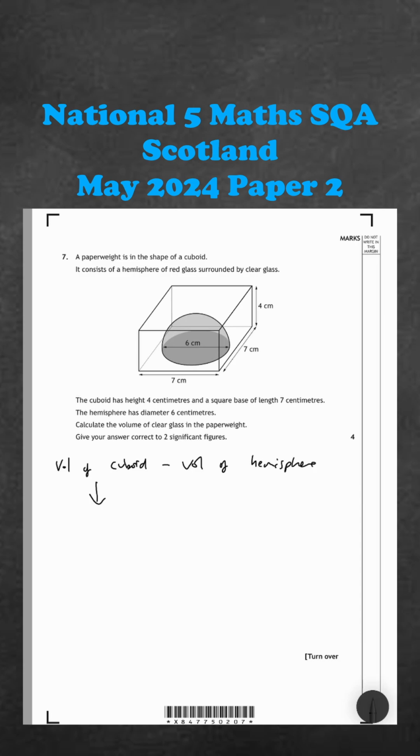Volume of the cuboid is simply going to be 7 times 7 times 4, which I'll just do on my calculator now. 49 times 4 is 196. So now the volume of the hemisphere is simply going to be 4/3 pi r cubed, and the radius is going to be 3, as the diameter is 6.